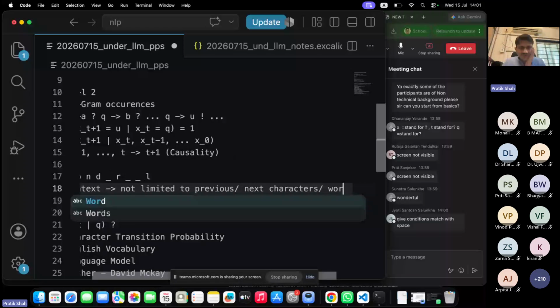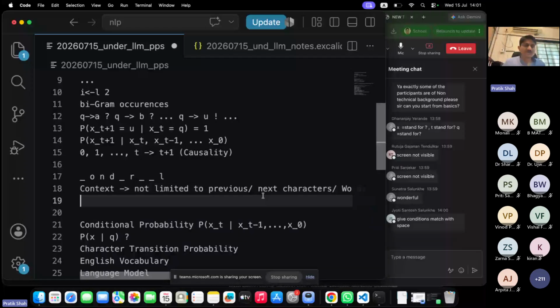So it is not limited to this sort of idea of what comes after, what comes before. It's a wider context. So we have to keep this in mind when we gradually talk about large language models, which have a context that is non-causal, correct? So so far so good.